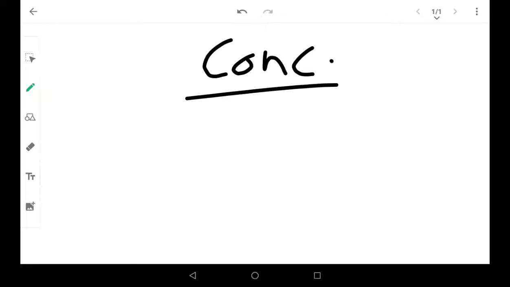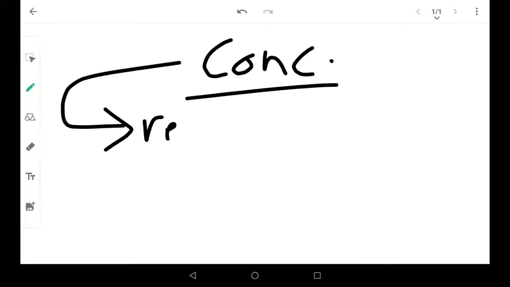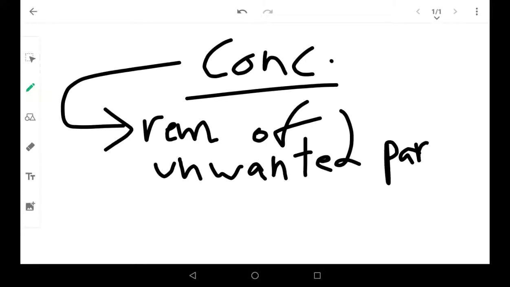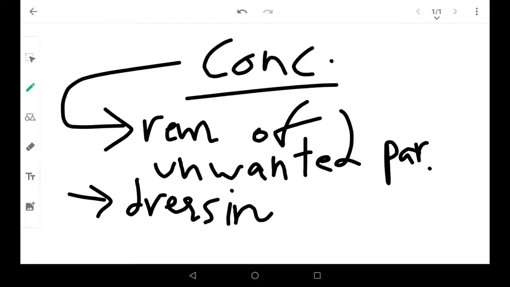So now let's talk about concentration of the ore. Now what exactly is concentration? Concentration is the removing of unwanted particles in the ore, also called dressing or benefaction of the ore.